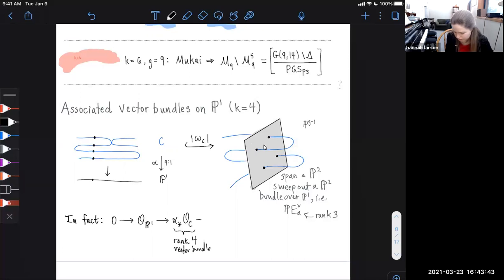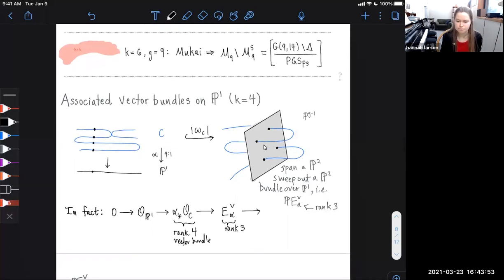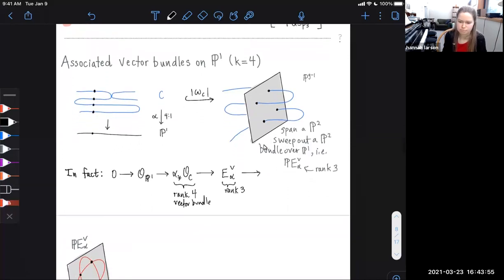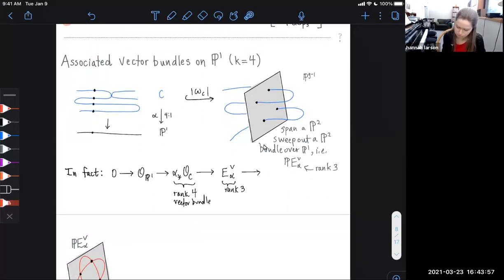So the cokernel here is a rank 3 vector bundle. And it turns out to be equal to our rank 3 bundle mentioned here. And you can show using Riemann-Roch that the degree of this rank 3 vector bundle on P1 is g plus 3.